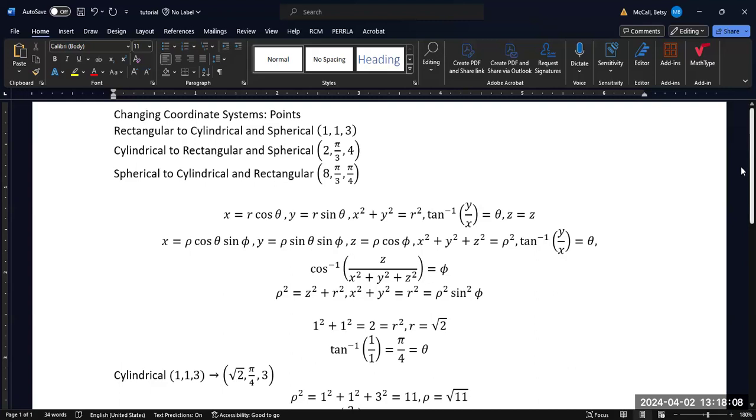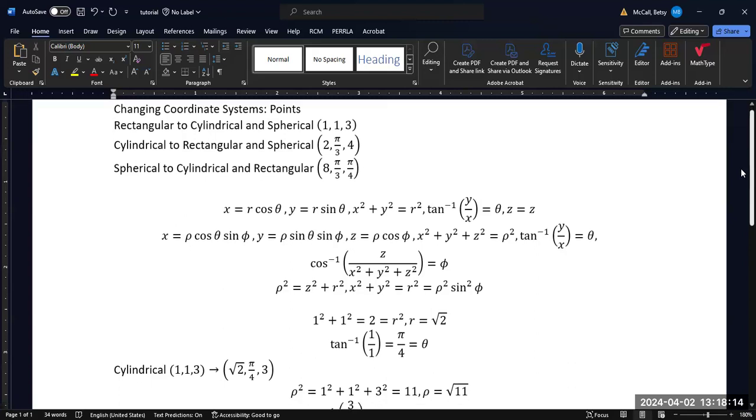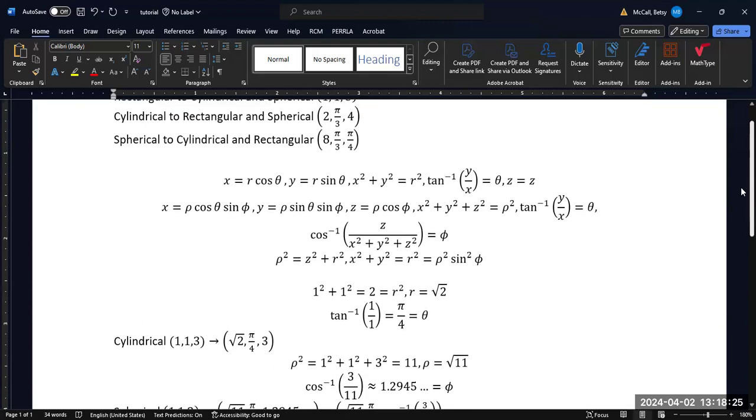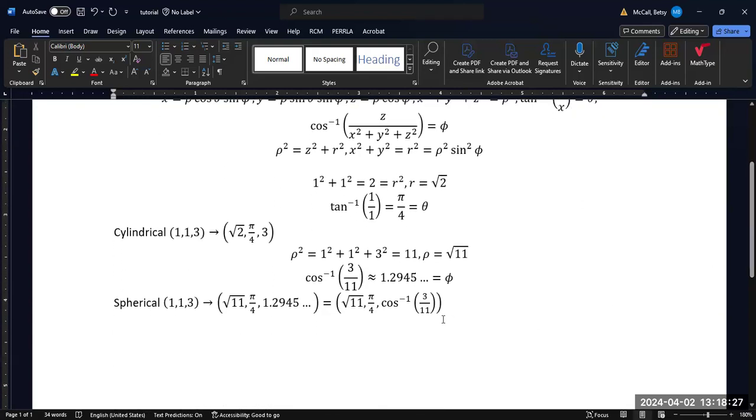So now let's think about cylindrical to rectangular and spherical. We're going to start with (2, pi over 3, 4). Remember what this represents: this is r, this is theta, and this is z. So let's start by going to rectangular. So 2 is r.